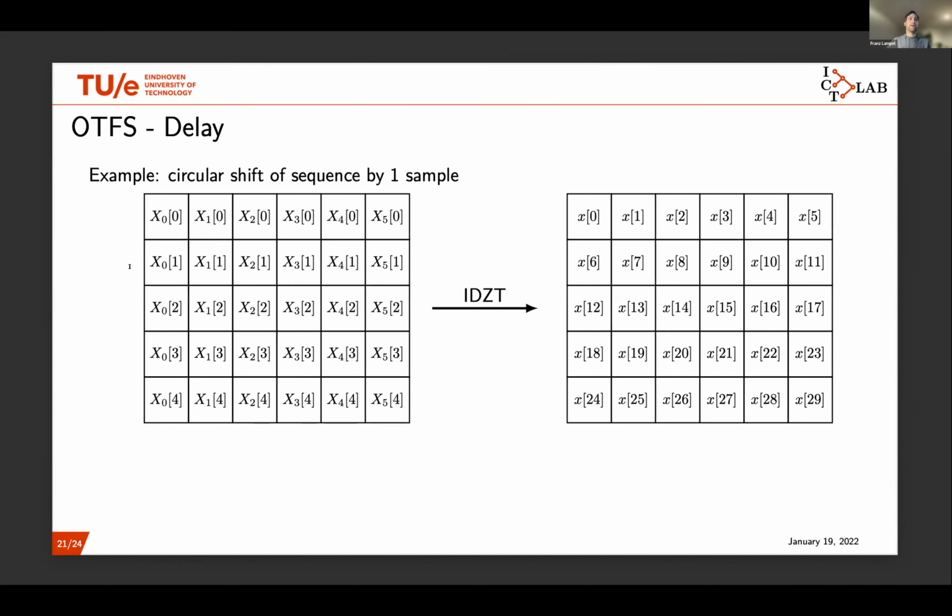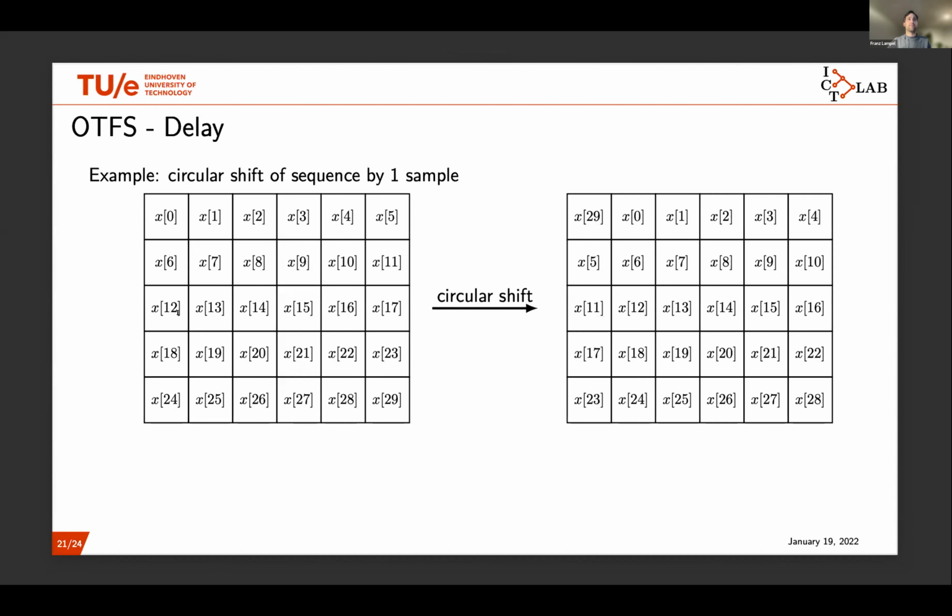So for example, we have here the matrix X, which represents the symbols in the delay-Doppler domain. When we apply the inverse discrete Zak transform, we get the samples in the time domain, which are arranged like described before. And this matrix is now here to the left. And suppose we make a cyclic shift of this sequence by 1.